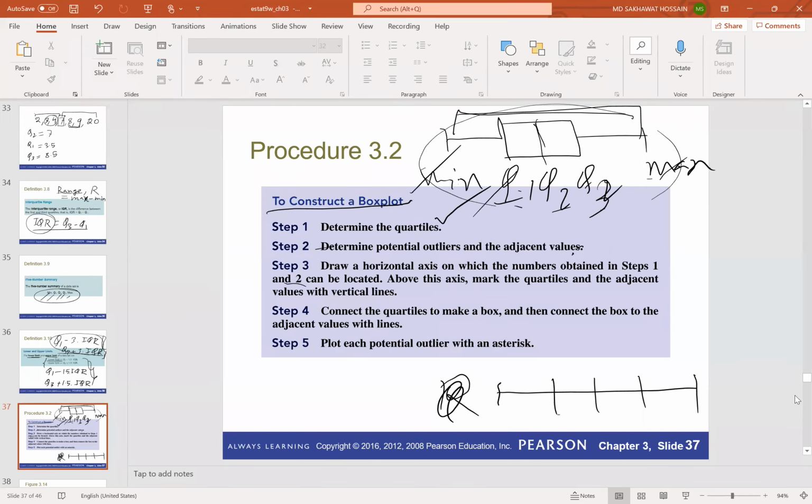Then you will add these 3 lines together. That's the box plot. That's how we will construct the box plot. And if there are outliers, suppose there are outliers on the left side, then you will use an asterisk sign to denote the outliers. This means this data has one potential outlier.